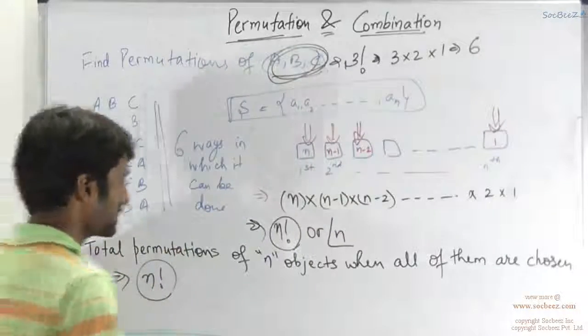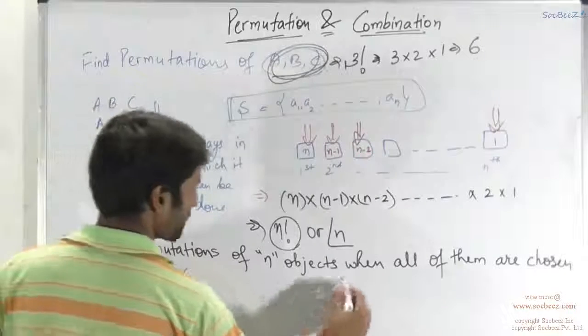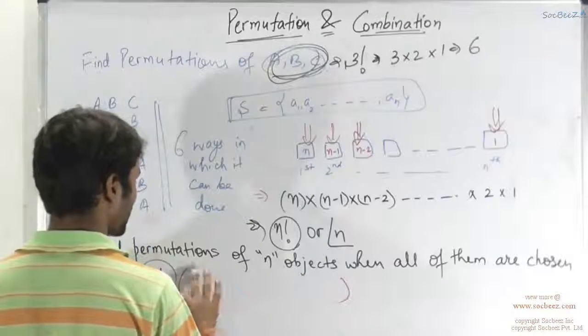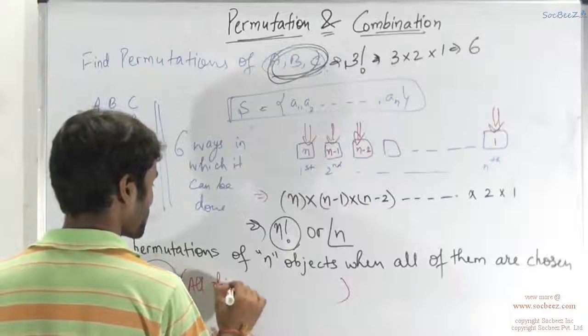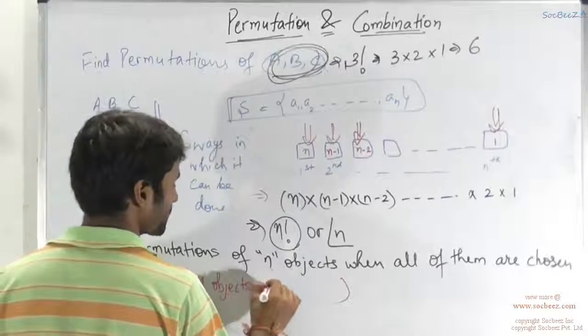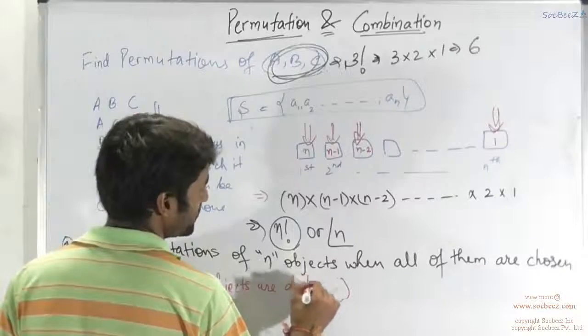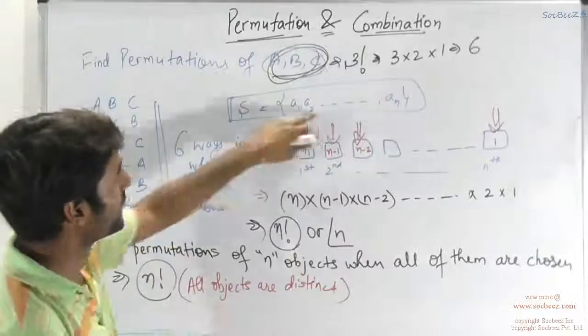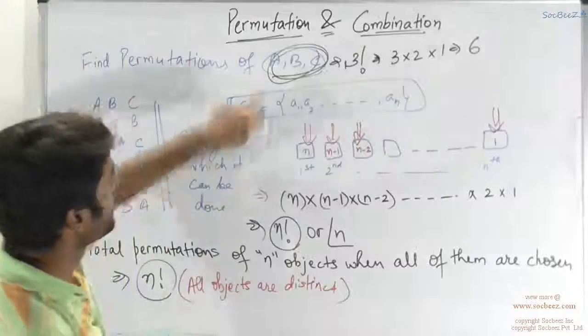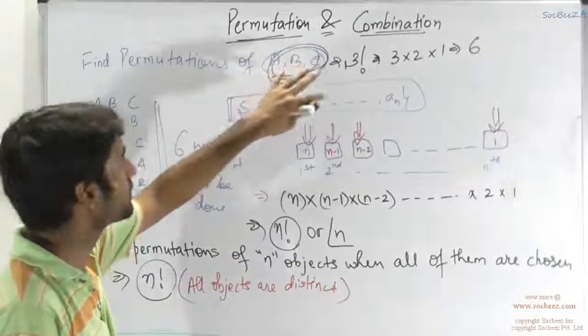And there is one more condition in this: all objects are distinct. What does this mean? You can differentiate between A1 and A2, A2 and A3, because A, B, C are different.